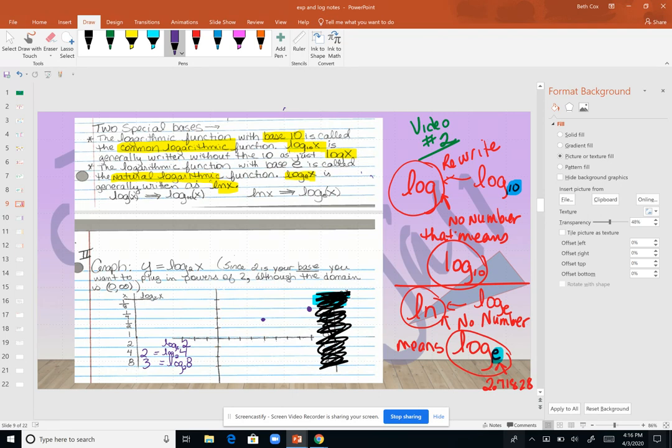Now this one's really important. We'll see it in a little while. But this is saying what exponent turns 2 into 2? Well, that's going to be 1. So (2, 1). Right? What exponent turns 2 into 2? Well, that would have to be 1.